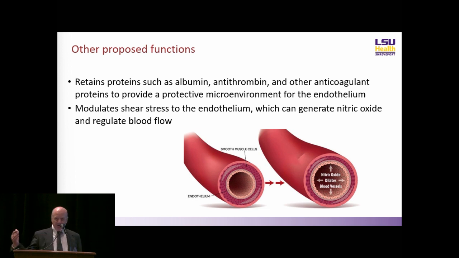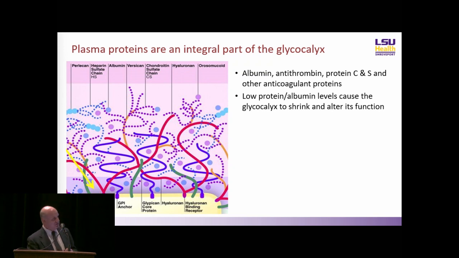And you can see where I'm kind of heading with this, that protein loss may result in protein loss from the glycocalyx. And as I alluded to earlier, it modulates shear stress. It keeps elements away from the endothelium such that they don't activate the endothelium, which can generate nitric oxide and alter microcirculatory blood flow. So what does this glycocalyx look like?